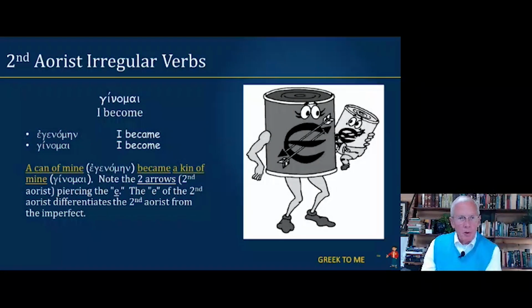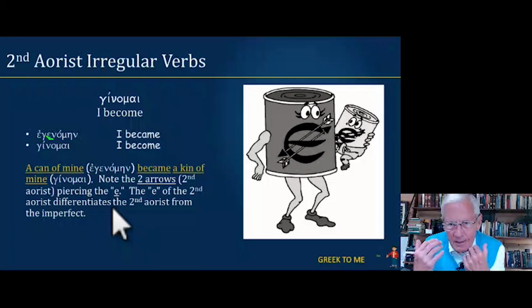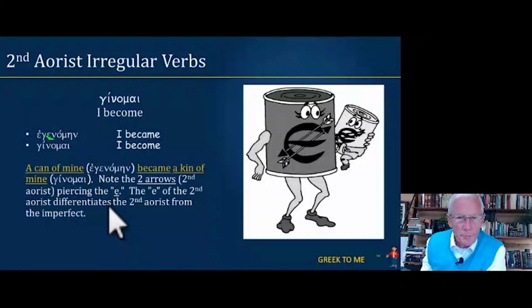Ginomai, which is deponent. In the second aorist, it's also deponent. And notice here we have the stem change right there with the epsilon. This is not the iota. So egenomen. So a can of mine for egenomen, a can of mine, became a kin of mine for ginomai. Notice the two arrows piercing the epsilon right here for second aorist.